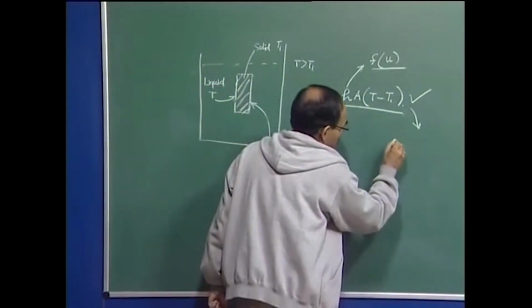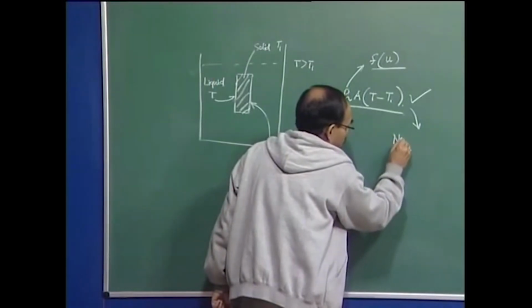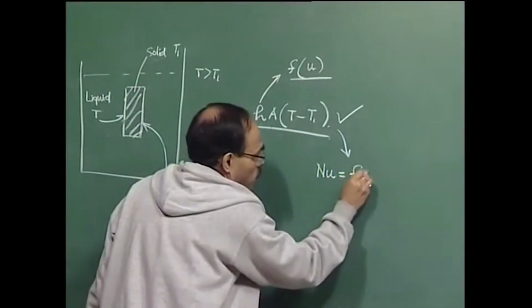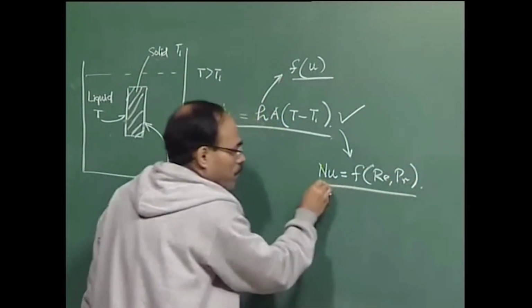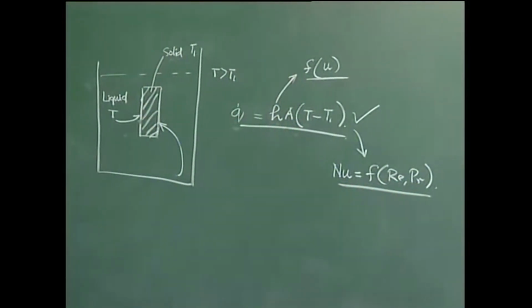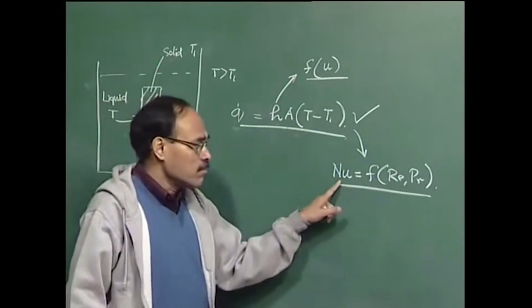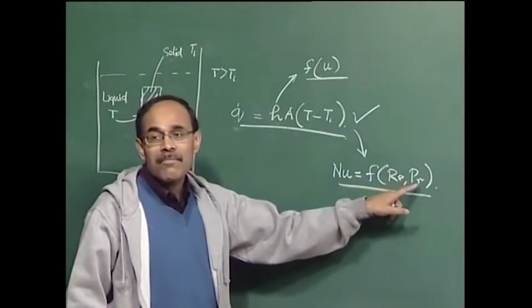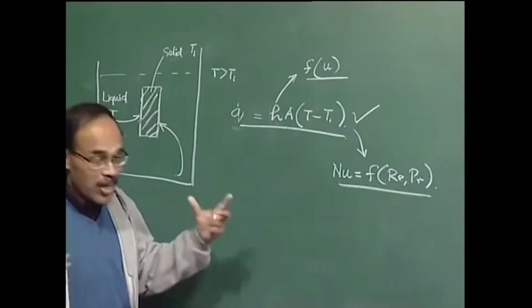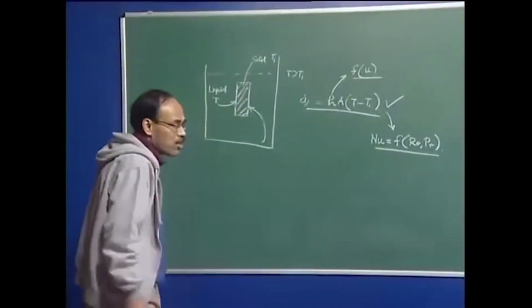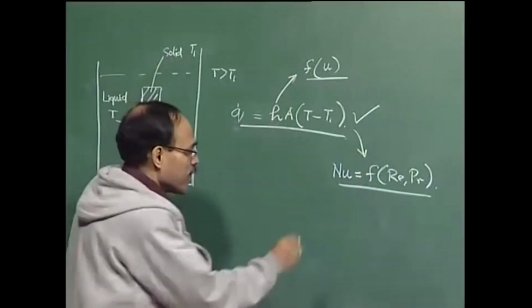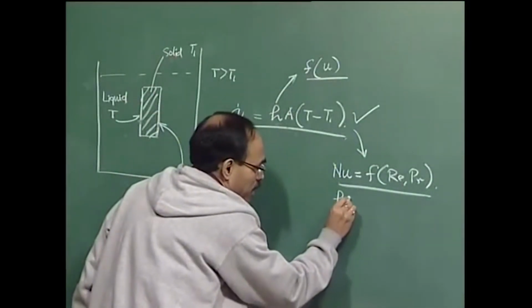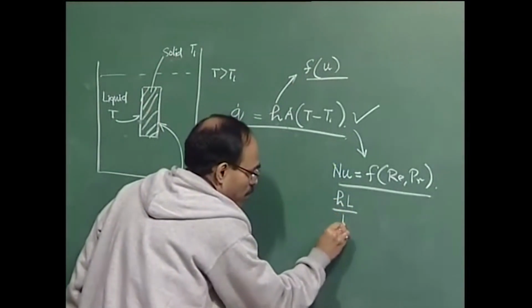The results are obtained, for example, in terms of dimensionless groups, so Nusselt number is a function of Reynolds number and Prandtl number. These are dimensionless numbers, and the Nusselt number is nothing but the heat transfer coefficient times a characteristic length scale, divided by thermal conductivity.